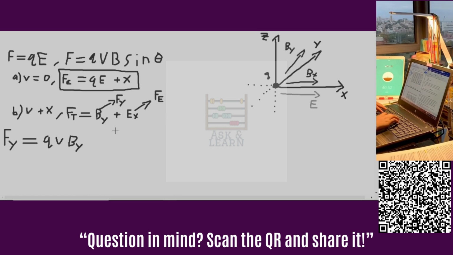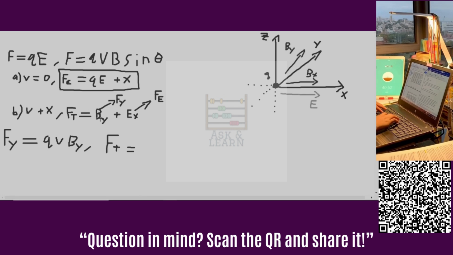So now we can find our F total here. The force due to a traveling velocity in the positive x direction is the force from the electric field, F of E, which we have here in part A, charge times the electric field. Let's keep it consistent with how we wrote it.